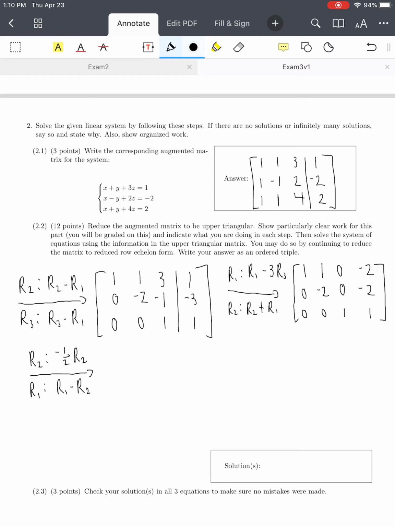So row 3 isn't changing. Row 2, I'm dividing by negative 2. Now I'm taking row 2 and subtracting that from row 1. So a 0 here, this doesn't change, so that's negative 2 minus 1 for negative 3.